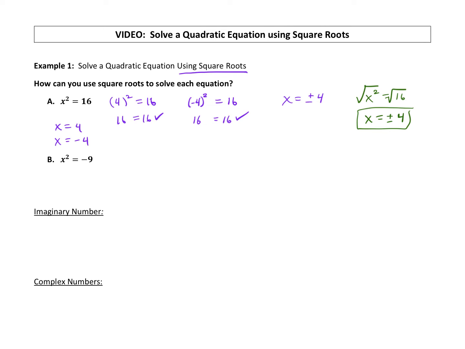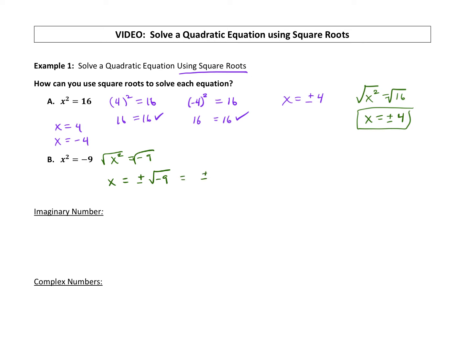So if we have x squared equals negative 9, let's square root both sides like we did with that last problem. The square root of x squared is x, and now we're dealing with the square root of negative 9. We will have a positive or negative square root of negative 9. Now, you can't square root a negative number, so let's break this up so that we get a number that we can square root.